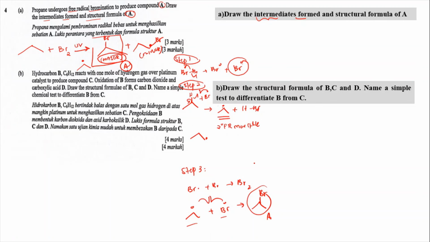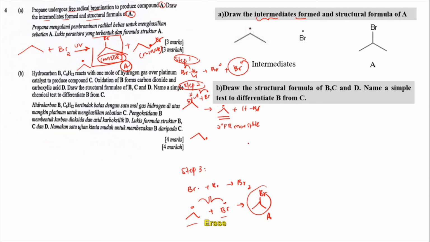So the intermediates are the secondary free radical of the propane as well as the bromine free radical, which comes from the initiation step. And then our structural formula here is when the free radicals combine together in order to produce 2-bromopropane. So that's for question 4A.